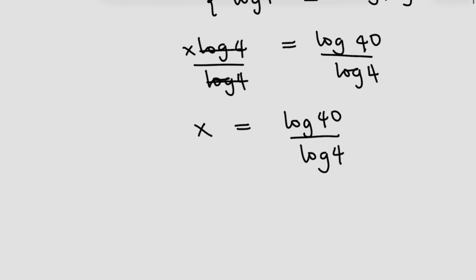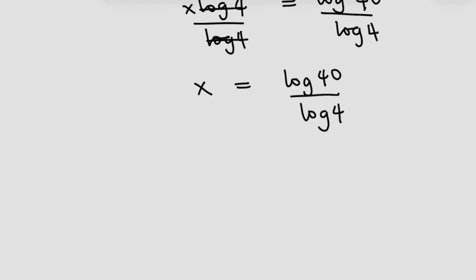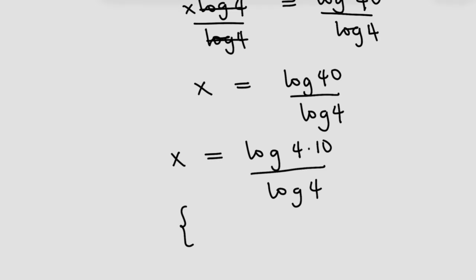40 can be expressed as 4 times 10. Therefore, x is equal to log 4 times 10 divided by log 4. And by law of logarithm, when you have the product of two numbers, it could be more, a, b, c, like two or more numbers, you can express this as log a plus log b.